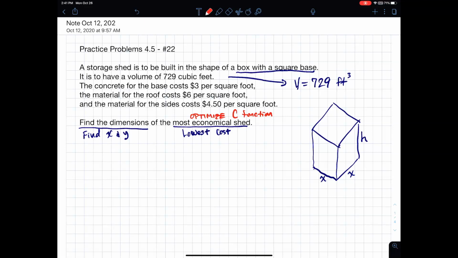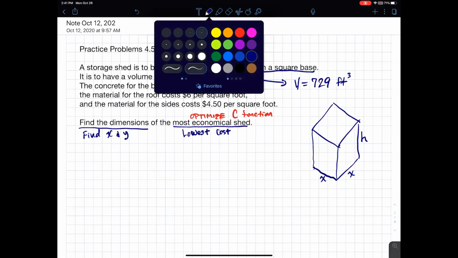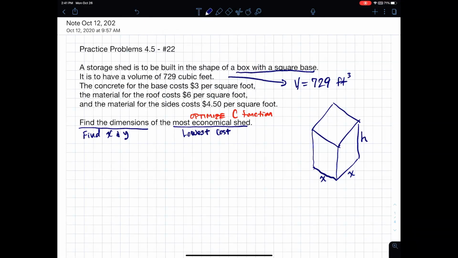All right, so let's try to go in a little bit more with what we're given. So we are told the volume is 729.